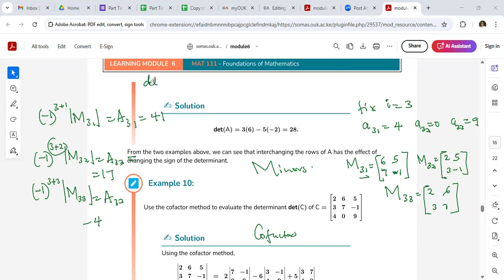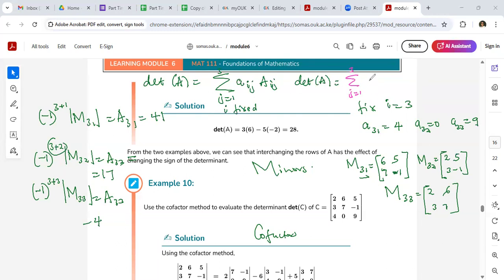So what's going to be the determinant? Determinant of A will be summation j equal to 1 up to 3 because there are 3 columns, a_ij times capital A_ij, with i fixed. But in my case, I've fixed i equal to 3. So in our case, the determinant of A would be summation j equal to 1 up to 3, with i fixed equal to 3.